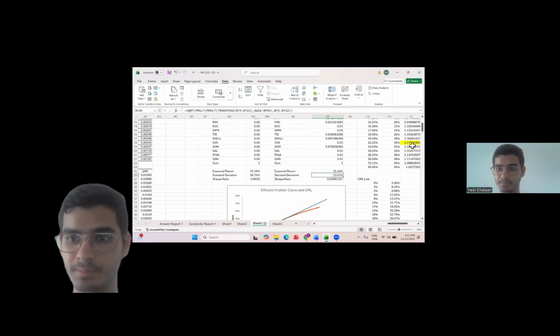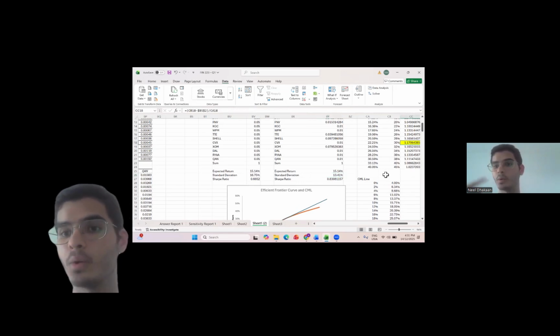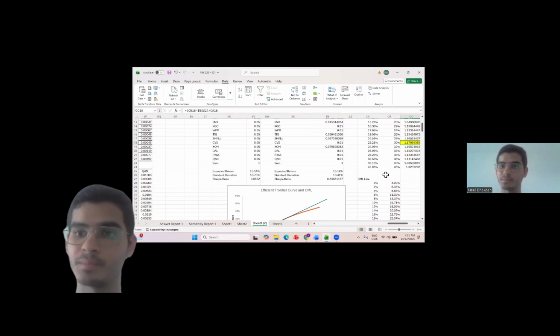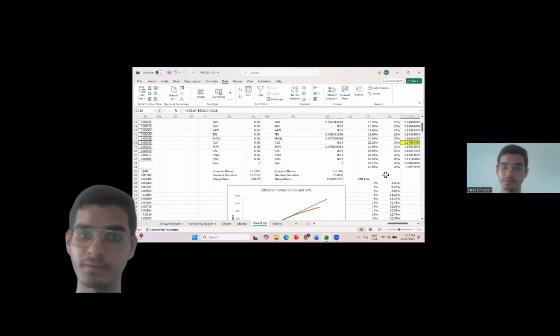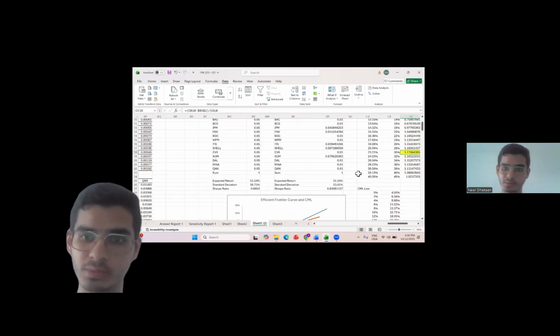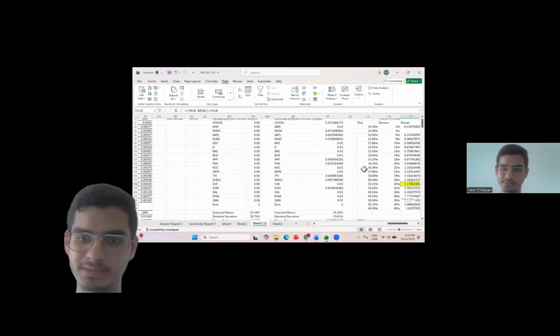The optimum Sharpe ratio is 1.17, which means for 1 unit of risk, my portfolio would give 1.17 units of reward. But again, the weights would change. It would be on a different set of weights.